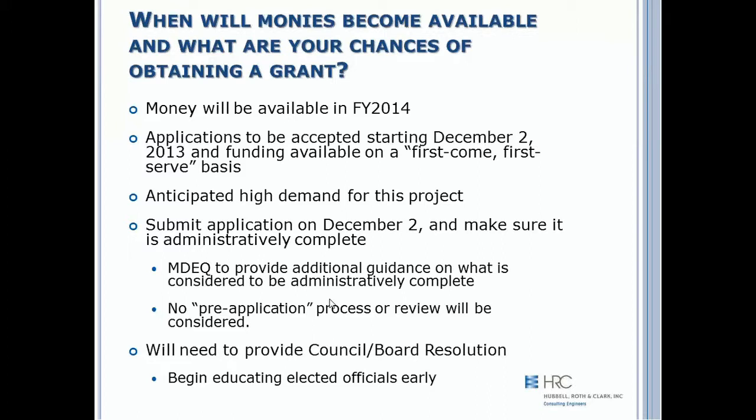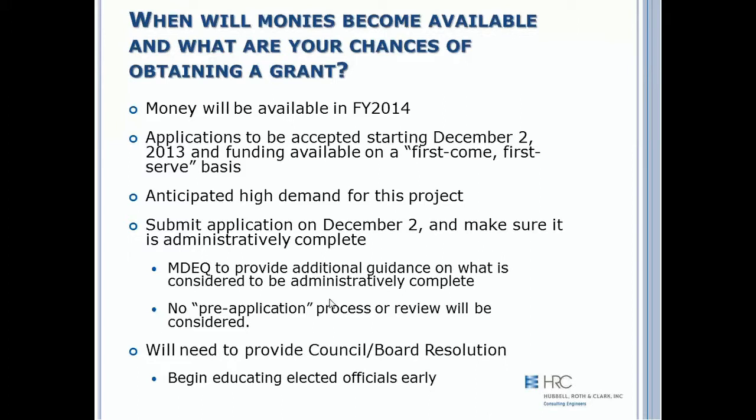If you turn it in before then, the DEQ, from our understanding today, again, that's a big caveat, so our understanding today is that if you turn an application before December 2nd, it will go into a box, and they will not open anything in that box until December 2nd. So there's no advantage for turning it in early.